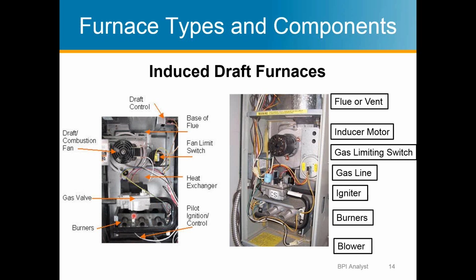Condensing furnaces, or high efficiency furnaces, are usually 90 to 98% efficient. What that AFUE means, we call it an efficiency, but it's really an annual fuel utilization measurement, but it's essentially an efficiency.